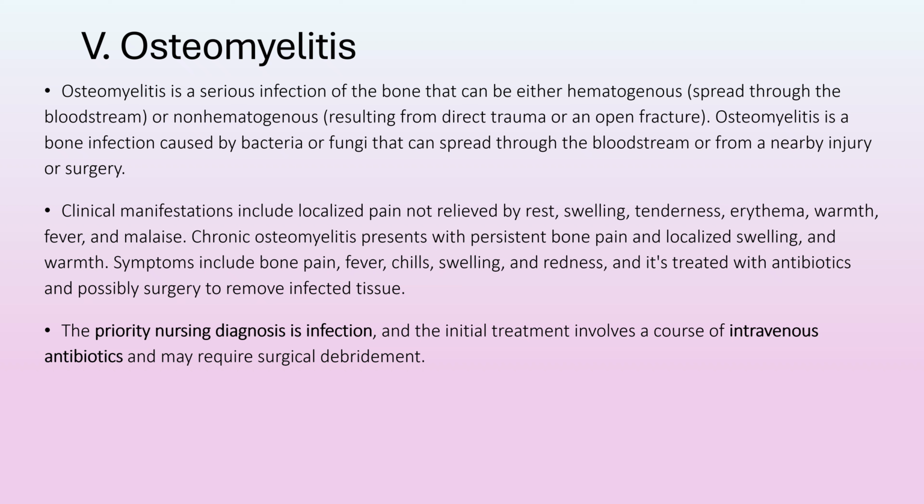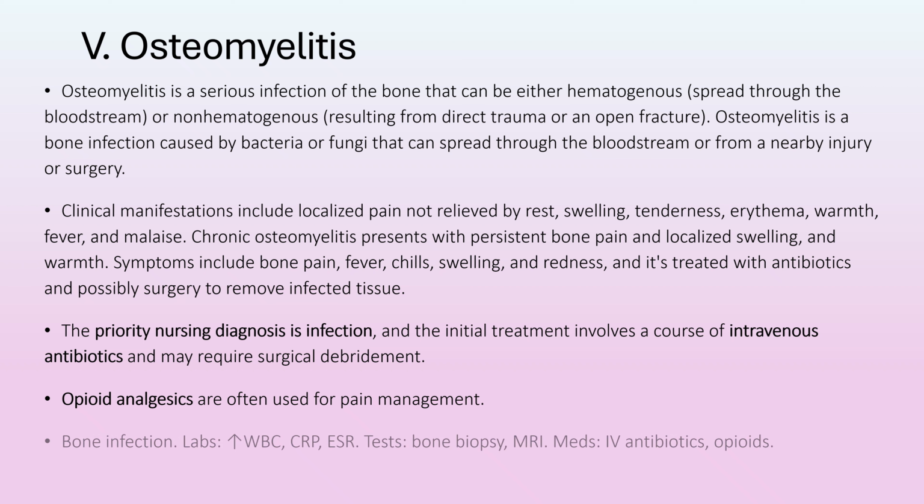The priority in nursing diagnostics is infection. The initial treatment involves, of course, a course of IV antibiotics and may require surgical debridement. Opioids and analgesics are often used for pain management.